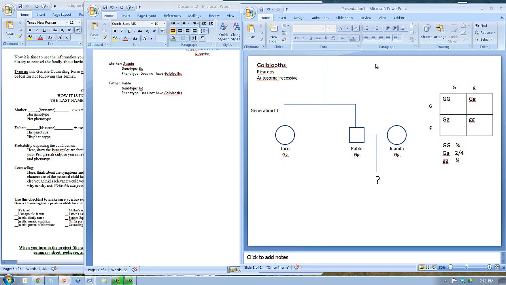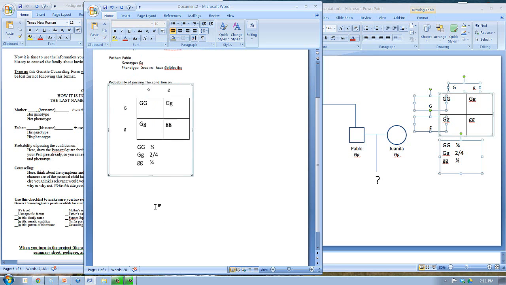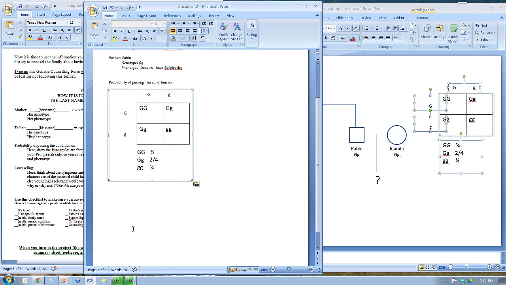So make sure that it didn't change anything on you. Good catch. So now I need to redo that again. Okay, probability of passing the condition on. Now my phenotypes, as I was getting to before, now I don't want it to come with me, stay there. Phenotypes.